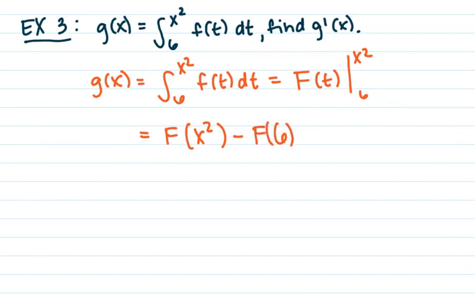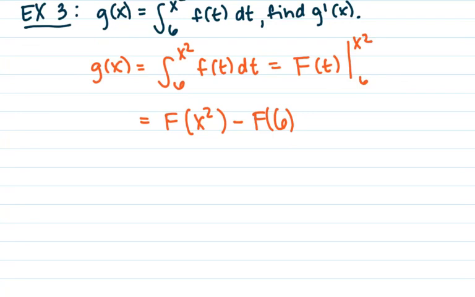Oops, f of 6. So now when I find g prime of x, I'm finding the derivative of the antiderivative, which again just gives me back the function I started with, f. And that's all we were calling it. We didn't have a more specific thing here. So we're going to get f of x squared, but then we're going to use the chain rule.